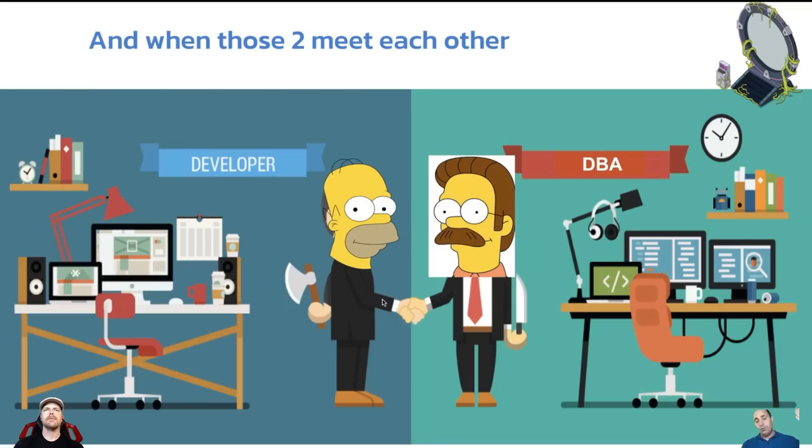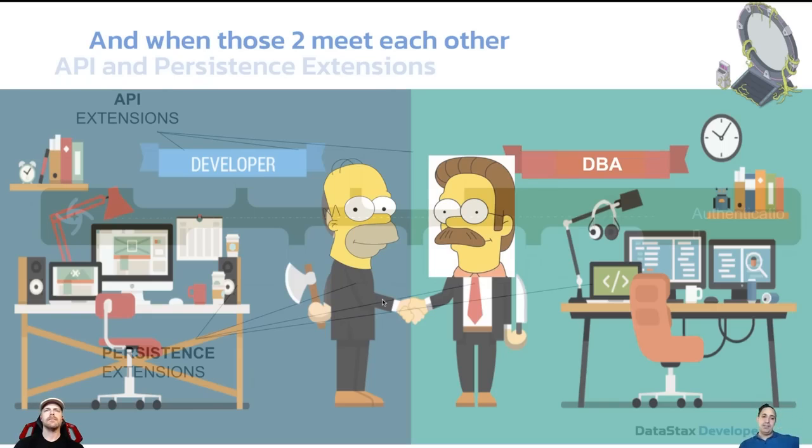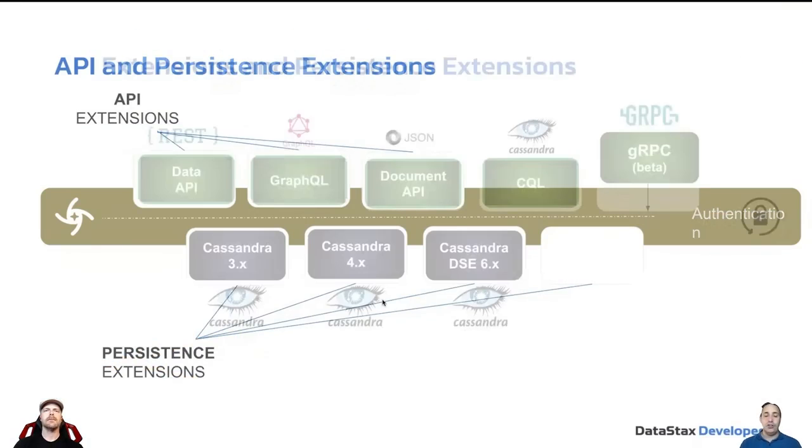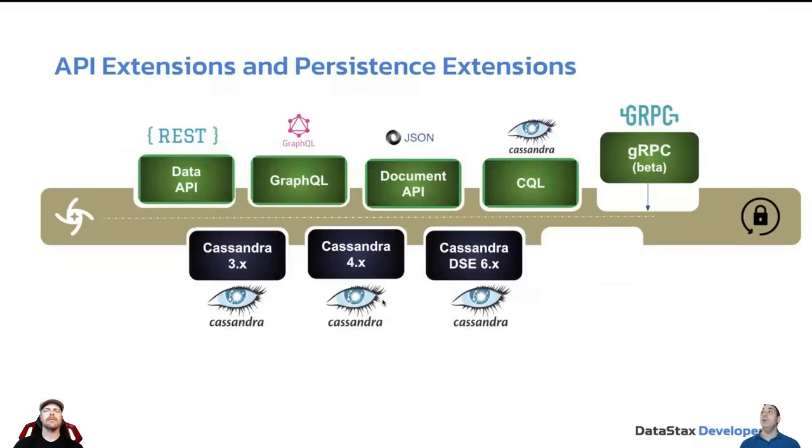It introduces loose coupling in between the persistence extension and the API extensions. At the persistence extension, no surprise, you will see multiple distributions of Cassandra, 3.x, 4.x, released this year, super exciting, a great improvement in performance, and DSE Enterprise 6.x.